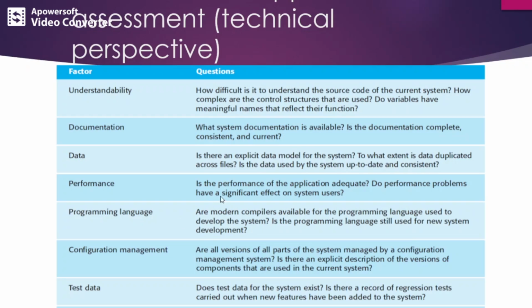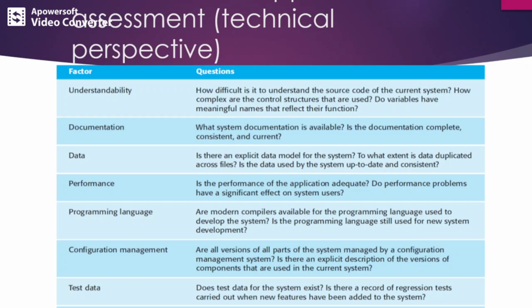Next we'll see the programming language. So you will be using a certain programming language. Are modern compilers available for the programming language used to develop the system? You need to see that modern compilers are available, as you use the compilers to run your system.